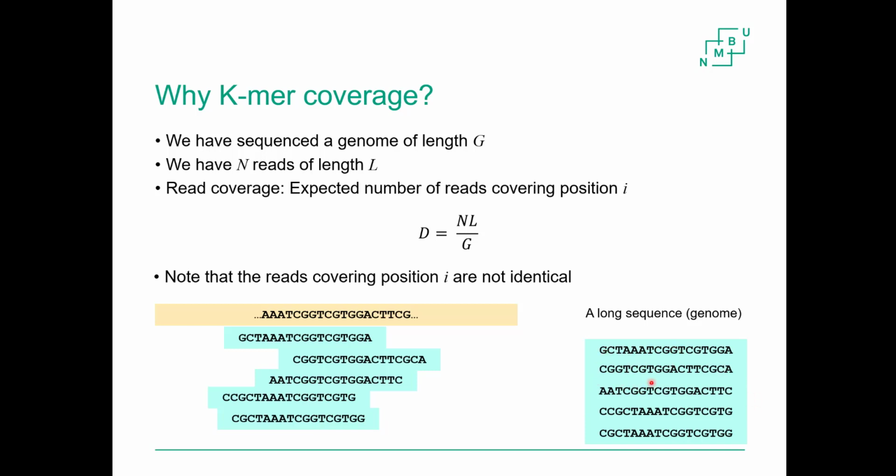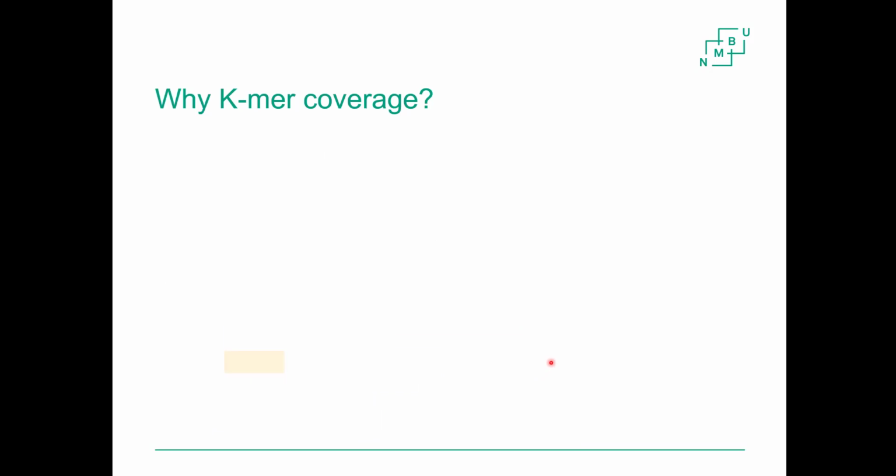So the whole reads themselves are very different from each other, right? If you compare the whole reads, a part of this read looks like a part of this read, looks like a part of this read, and these parts are the K-mers that we are going hunting for now. So here I have highlighted that there is something in common between these reads.